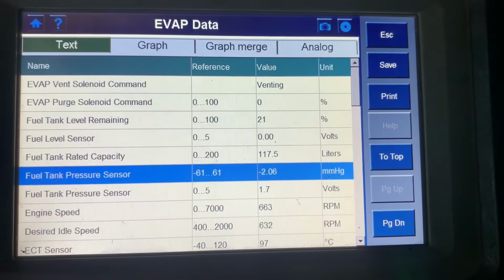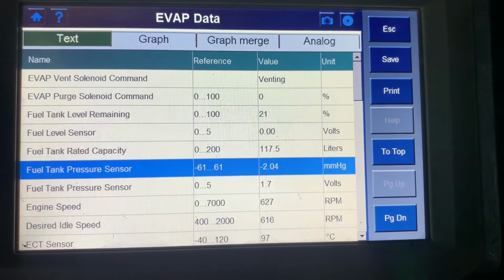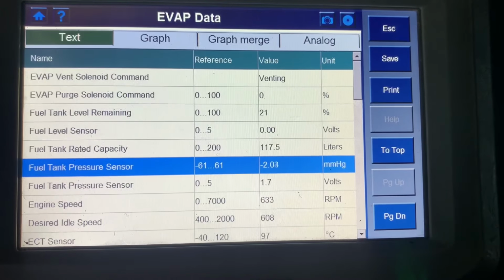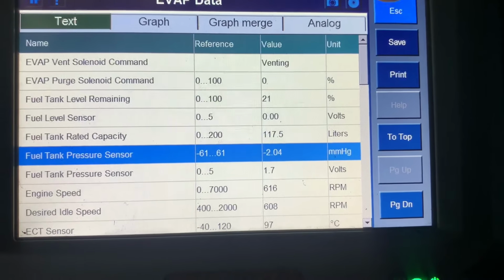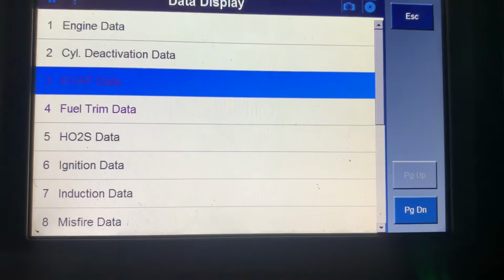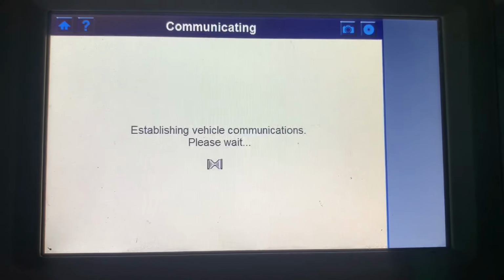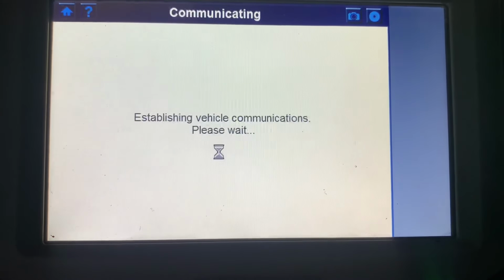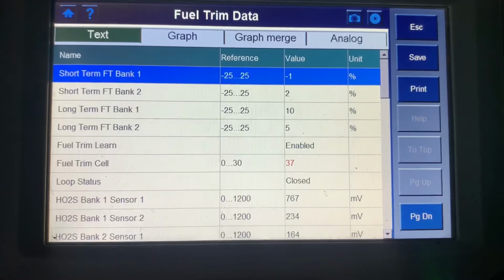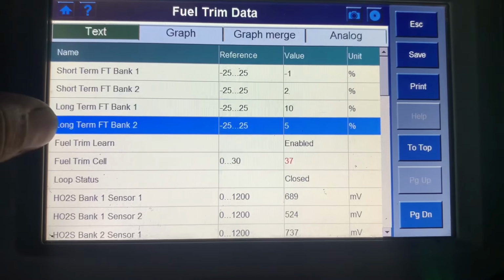Our fuel tank pressure is normal as there is no command to draw the vapors. Now let's have a look at the fuel trims. They are normal.